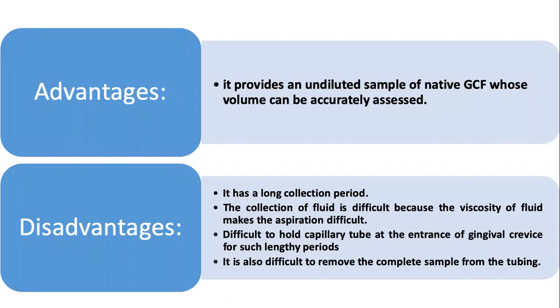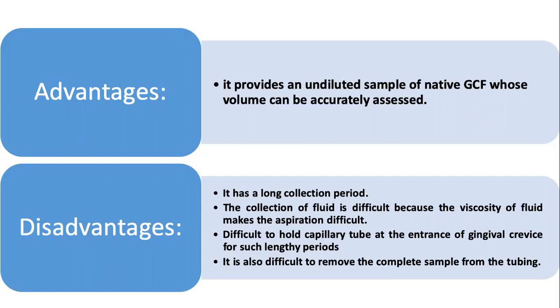Here the major advantage is that it provides an undiluted sample, means whatever concentration of native GCF is there, the same concentration is collected. But it has a major disadvantage that it has a prolonged collection period. Collection of fluid is very difficult. Why? Because the viscosity of fluid makes the aspiration quite tough. It is difficult to hold the capillary tube at the entrance of the gingival crevice, which is yet another human error.